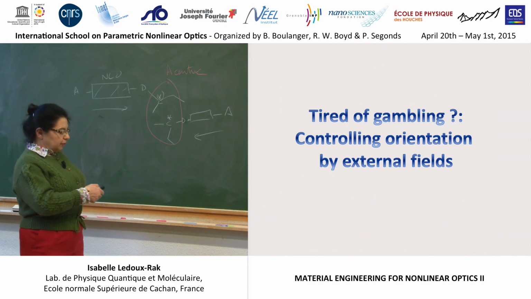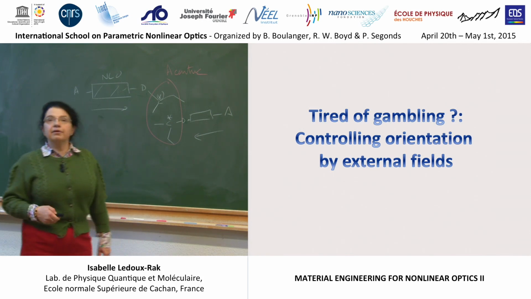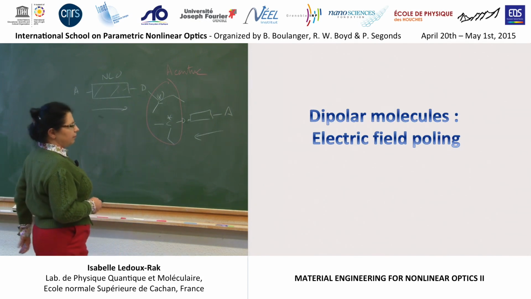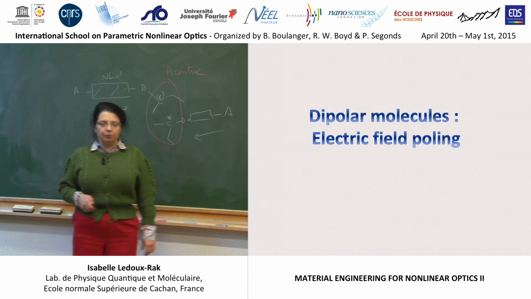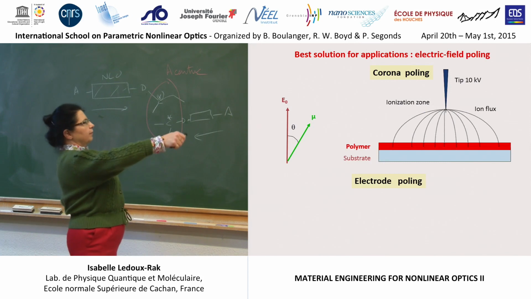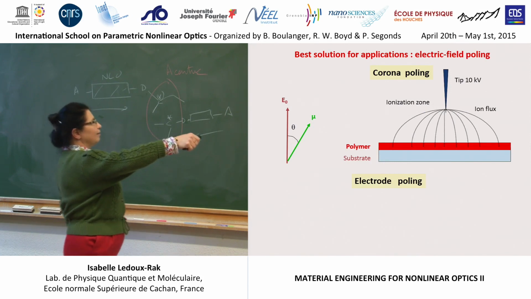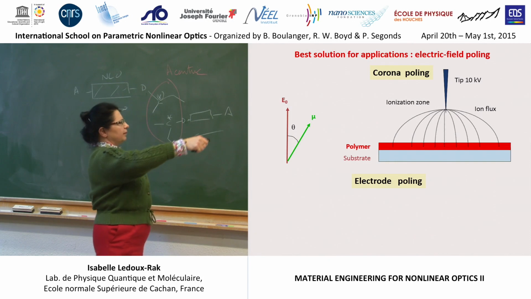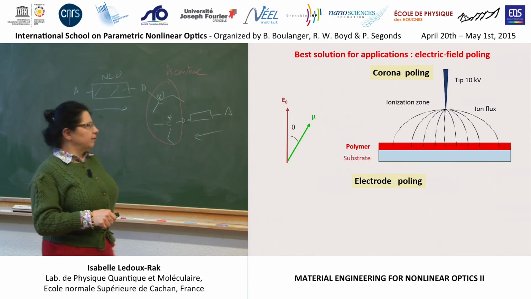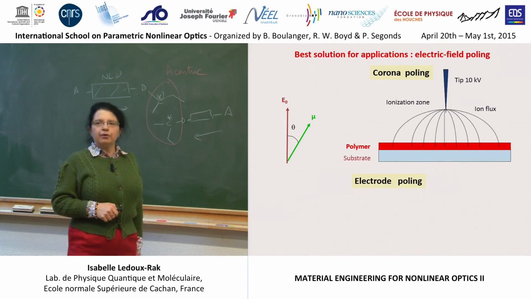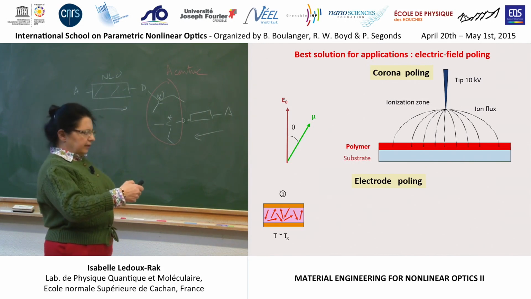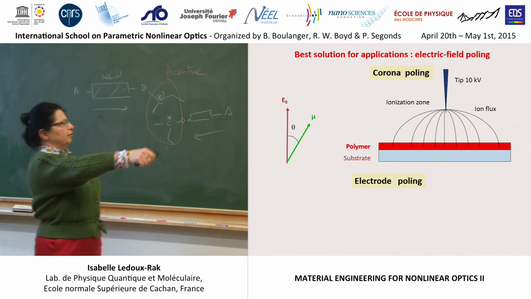So for that, we want to control orientation by external fields. And first, electric field poling is the more natural method, the easiest way to proceed using dipolar molecules. So the basic process is to have a permanent dipole-field interaction, and it can be performed either by poling the material between two electrodes, or if you don't want to deposit electrodes at the first stage, by applying an electric field with a high voltage needle.